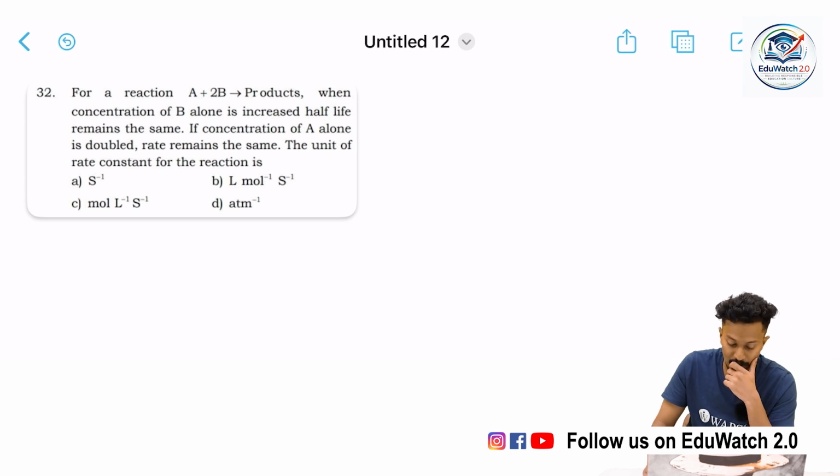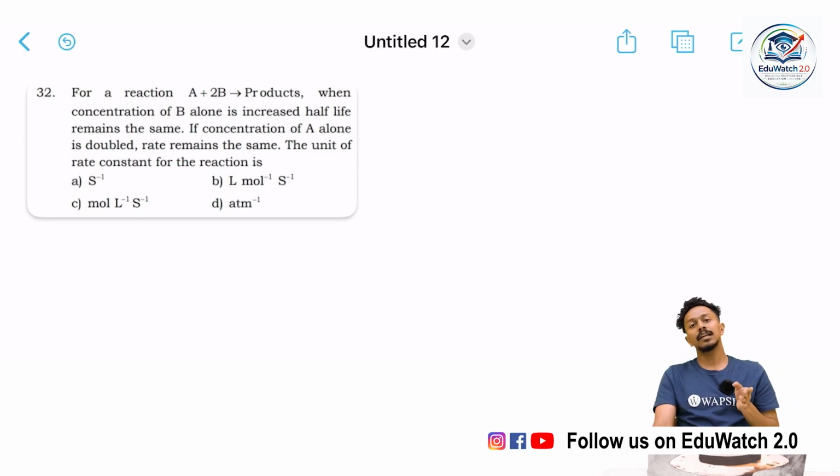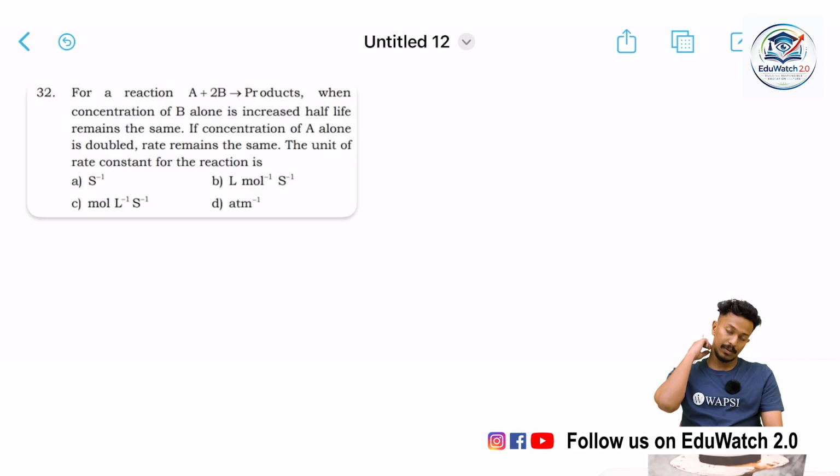A reaction A plus 2B gives products. When the concentration of B alone is increased, half-life remains the same. A reaction in which the half-life does not depend upon the initial concentration of the reactants is a first order reaction.